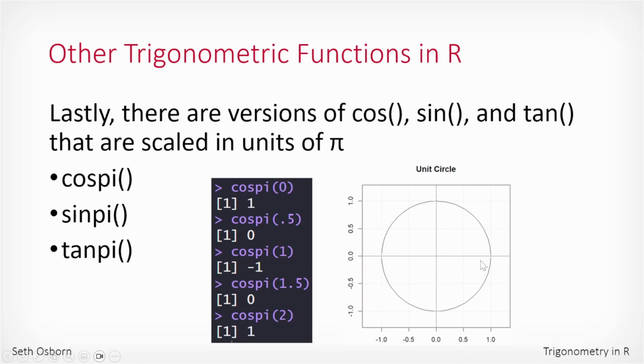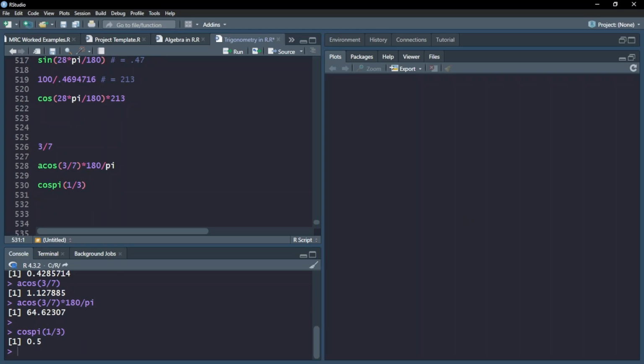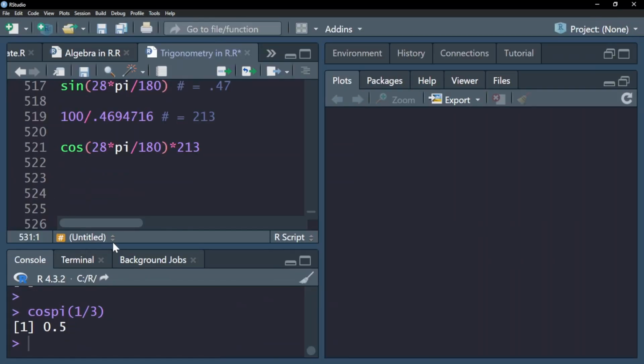If we input cospi of 1/3, we'd end up right here. Am I right? Am I thinking about this correctly? Let's just see. Cospi of 1/3, yeah, 0.5. Sorry if this is too small to see, but zoom in. Now at the end of the video, I'm finally zooming in so you can see what I'm doing.